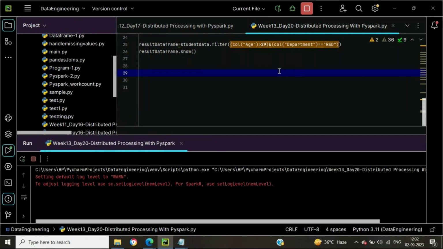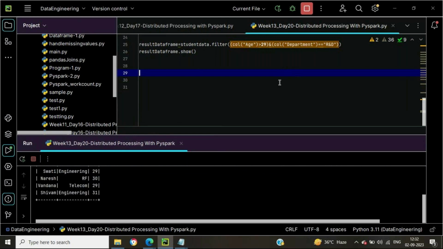So the execution has been started. Okay, this is the initial data frame that we are having.